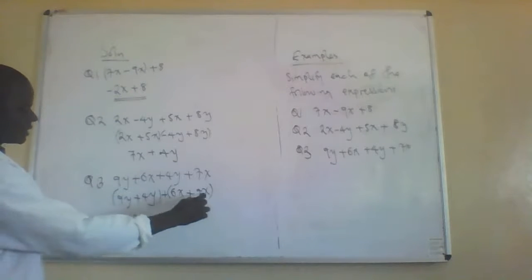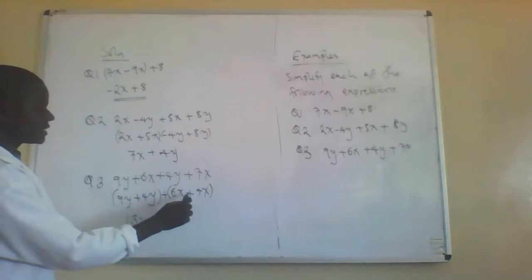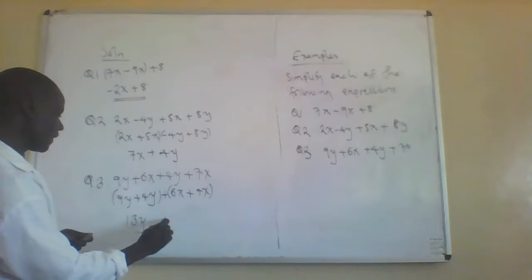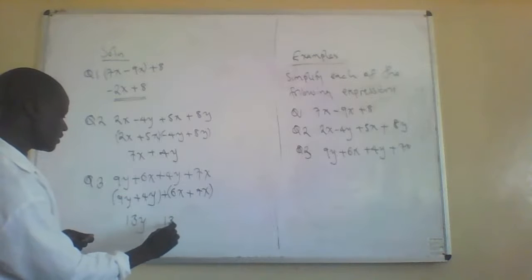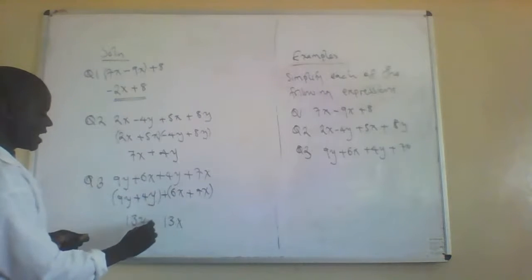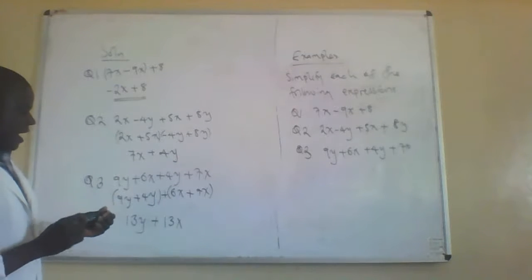Again here, the sign is just the same, which is positive. So we're going to have 6x plus 7x. That is going to be 13x. Both of them have positive sign, therefore we are just going to pick only a single sign.